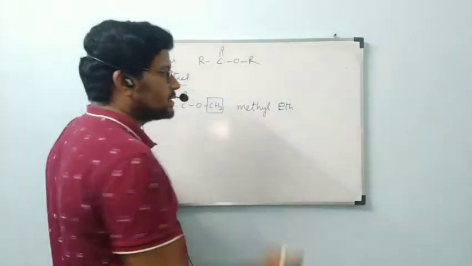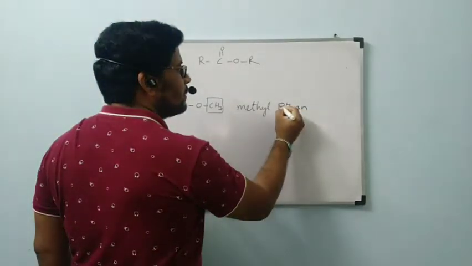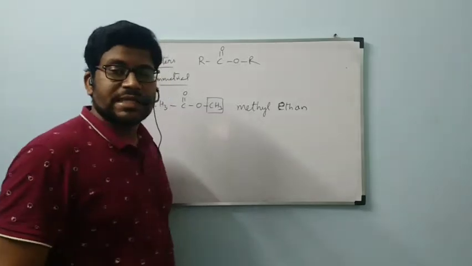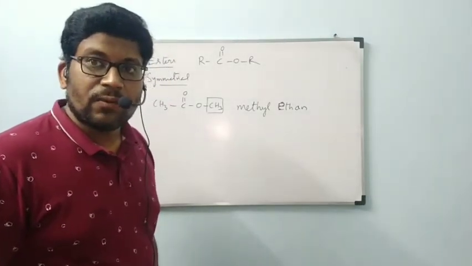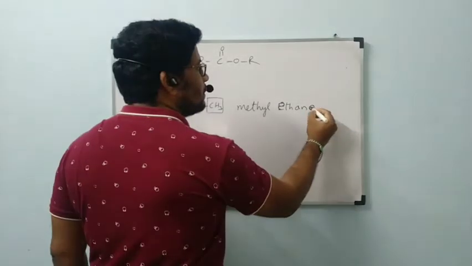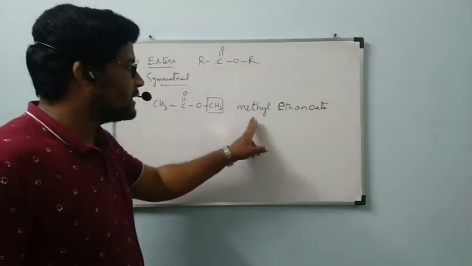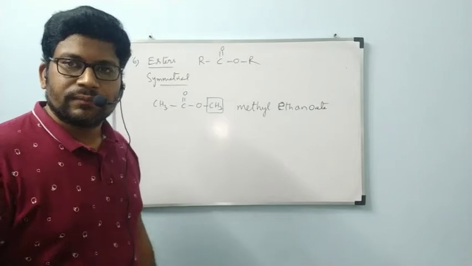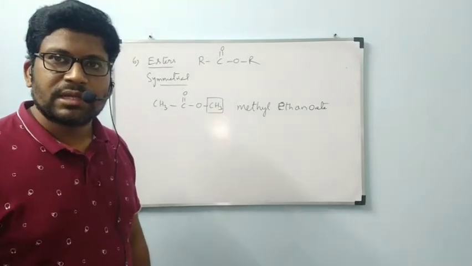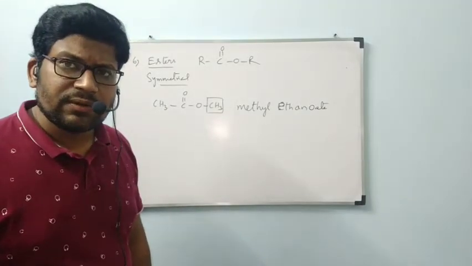They are single bonds, so ane. What is the secondary suffix if it is an ester? Oate. Now the name of this compound is methyl ethanoate.